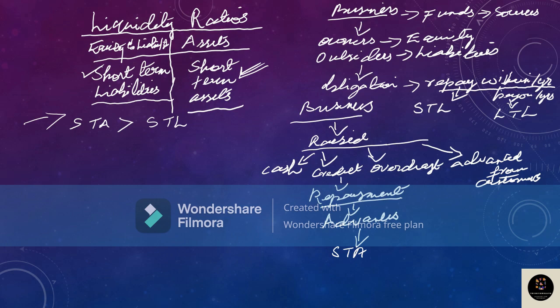Short-term funds are not enough to create those things, so we need some more funds to come in or to intervene for creating these assets, and we call them long-term funds, or long-term funding.